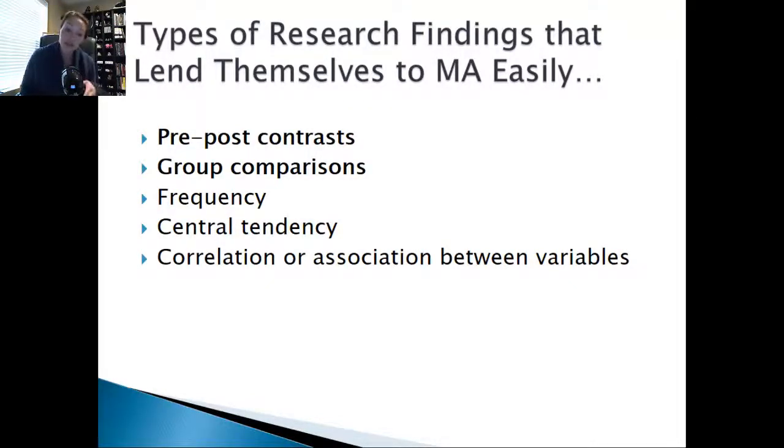For central tendency, in this instance, this is actually the only time where all of the studies that you look at to analyze have to use the same exact measure. If we're looking at a mean of a measure, we have to use the same measure or else that score does not translate. A mean of 12 on the Beck Depression Inventory does not mean the same thing as a mean of 12 on the Center for Epidemiological Studies Depression Inventory.